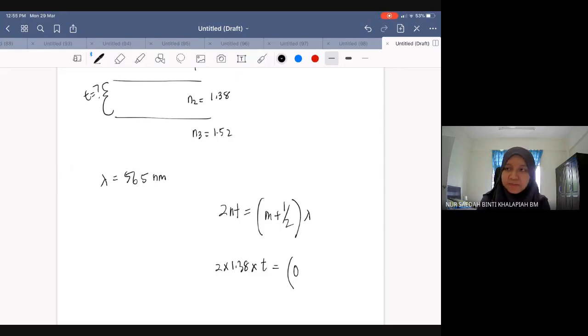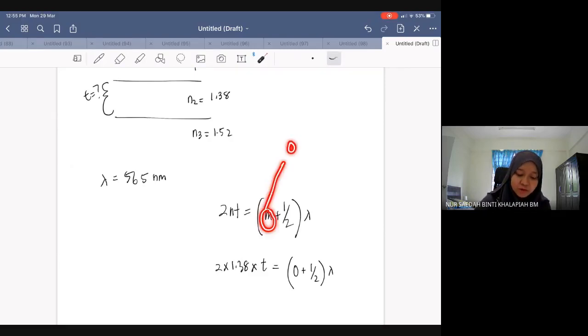So paling minimum adalah 0. Okay, sama macam tadi. Okay, 1/2 lambda. Sebenarnya untuk thin film, m kita ni kita kena decide cuma kosong ataupun 1. Kalau formula kita ni ada half, so kita akan decide m kita kosong, sebab that is the minimum.